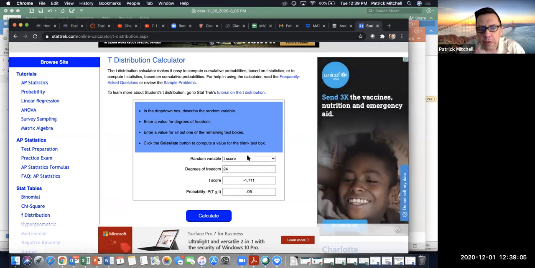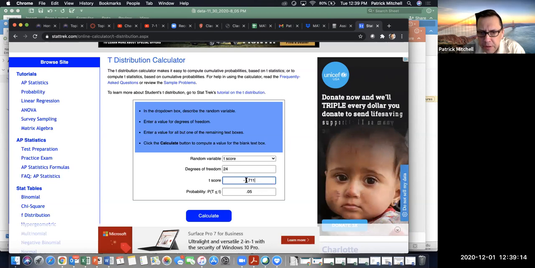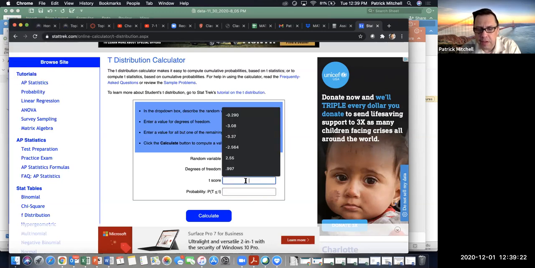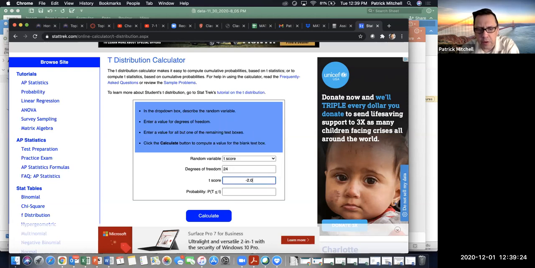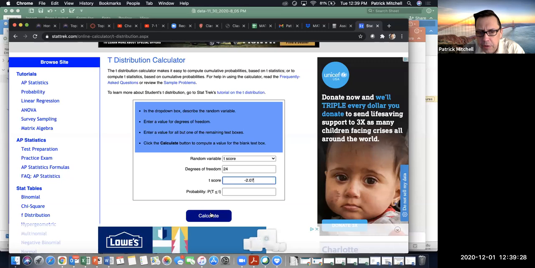The way this works is you have to fill in any 3 of these boxes. When I was looking for a critical value before, I left this box blank and I filled in this one. Now I'm going to fill in my test statistic, negative 2.07. And when I click calculate, the number that's going to fill in the bottom is my p-value.